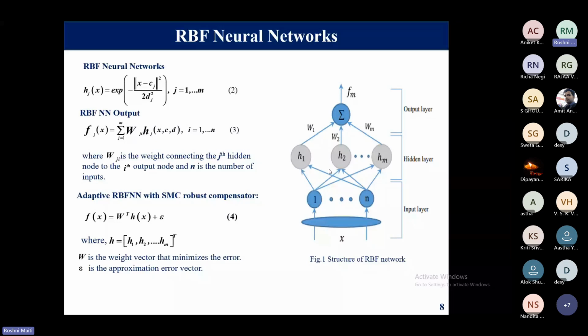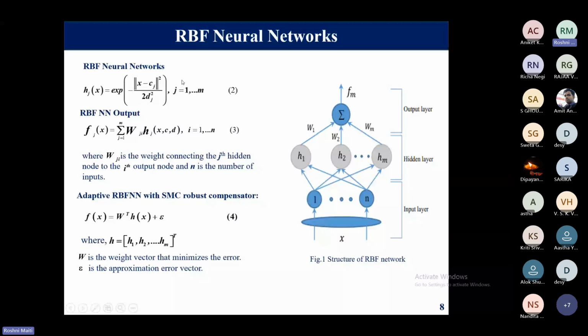Here again we can do the model-free controller design, or model-free system design or observer design, by using different types of neural networks. At first we have designed this using an RBF, where we have only one hidden layer and the activation function.